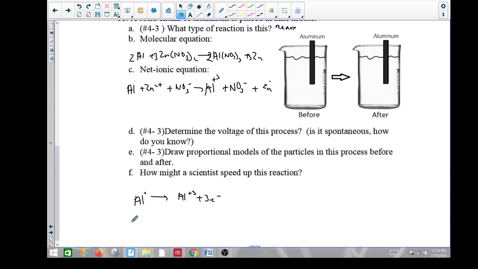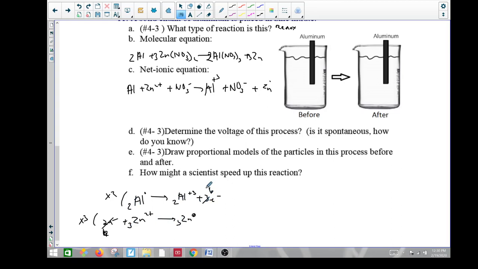And then I have my zinc 2+ going to zinc metal plus 2 electrons. And here we get that same ratio we had earlier when I balanced it. This whole thing times 2, this whole thing times 3 to get a multiple of 6 electrons: 3, 3, 2, 2, and 6.